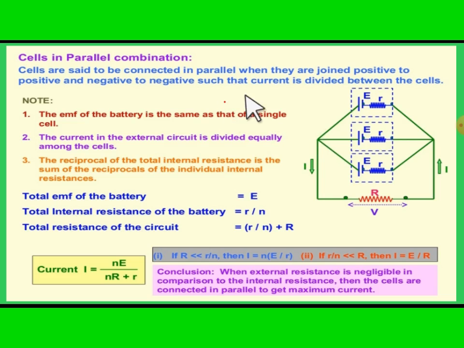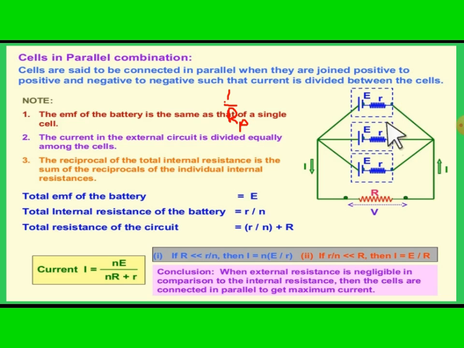Let's take it that 1 by R_P, connected in parallel. R for equivalent resistance, P for connected in parallel.